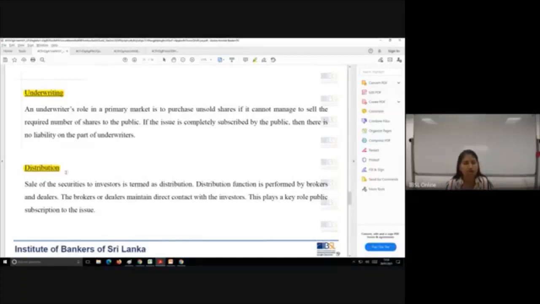After you have convinced your brokers and dealers, you could allow the brokers to approach the investors and market the share issue, because it's the broker and the dealer who distribute this message. So the sale of the security occurs through them, which is essentially what we call distribution.